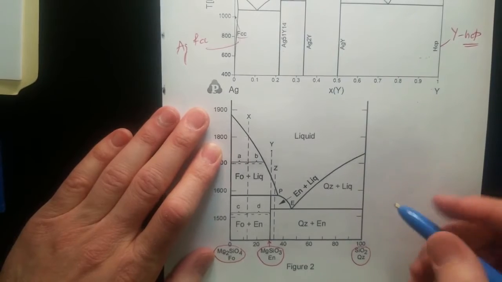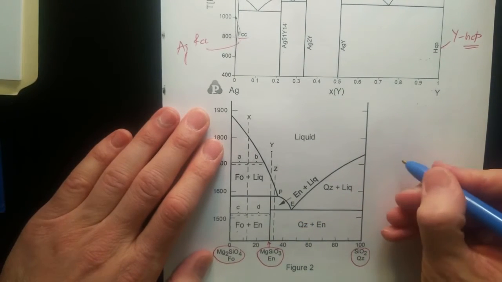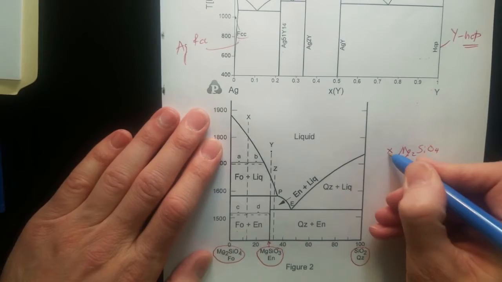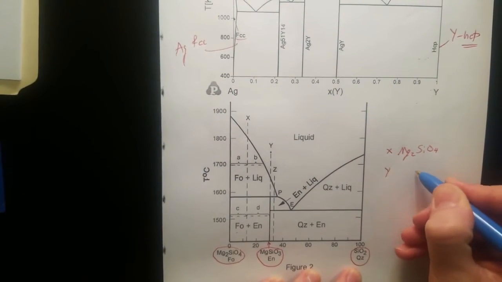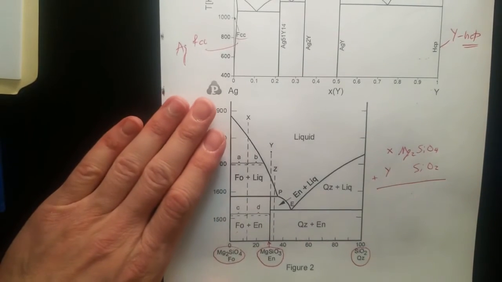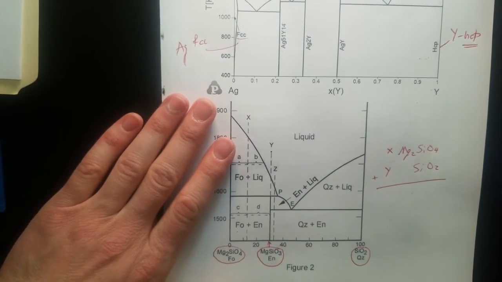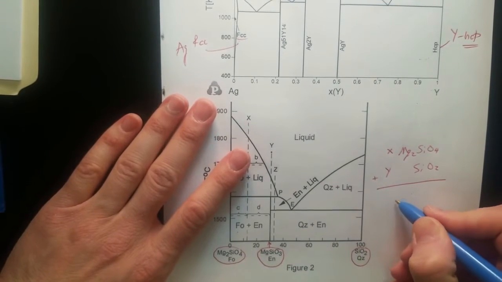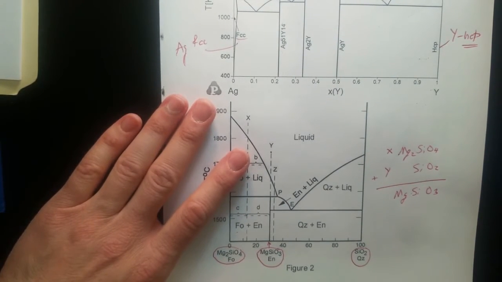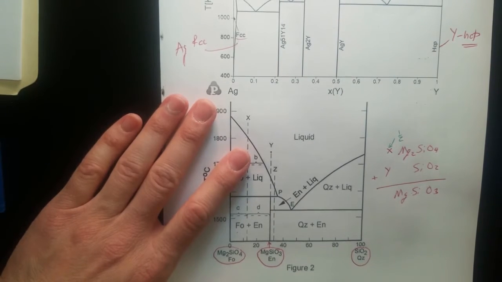If I mix these together, that means X must be 1/2 in order to get 1 magnesium.